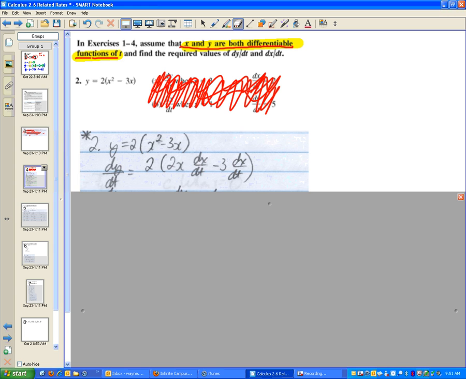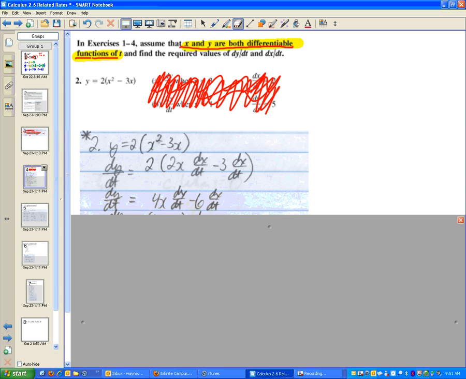All right, let's clean it up a little bit. I like dy/dt on the left, but now I do want to distribute that 2, Alex. So I'm going to multiply 2 times 2x dx/dt and get 4x dx/dt, and then 2 times negative 3 to get negative 6 dx/dt.